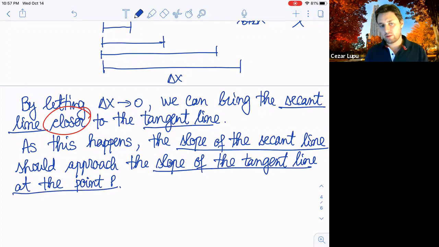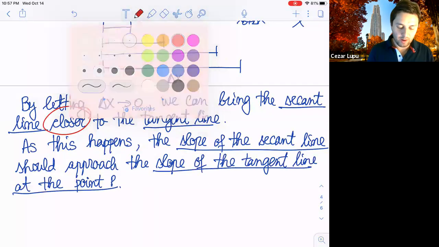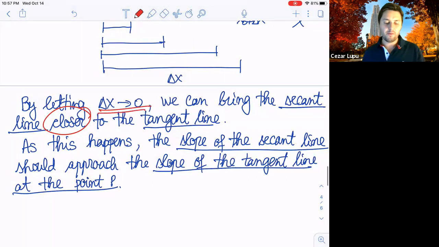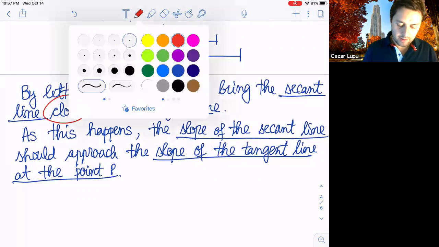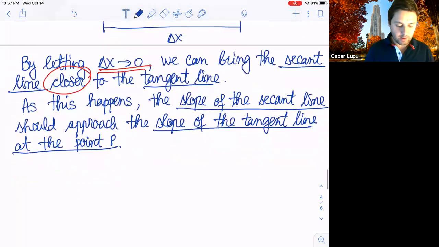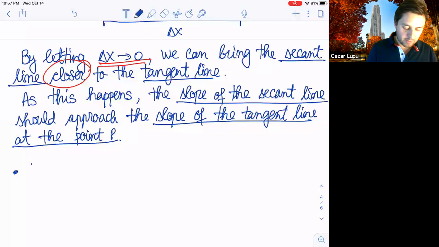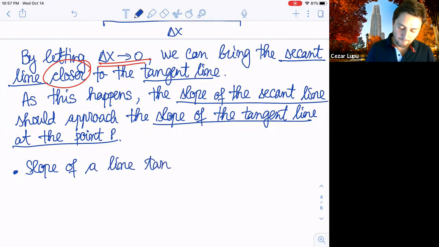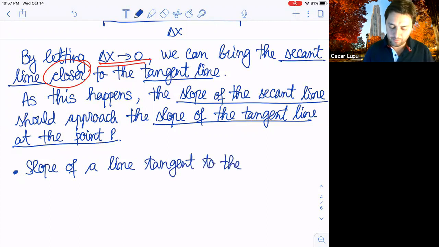So, and now we would like to see what happens when we have this here. Okay, let's go further. So let's talk about the slope of a line tangent to the graph at a point.